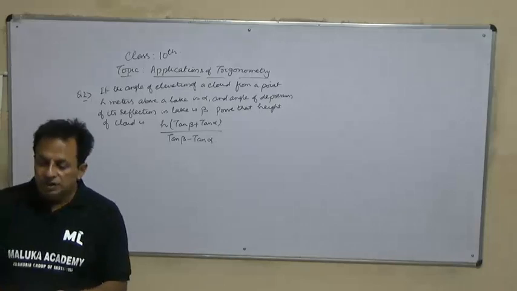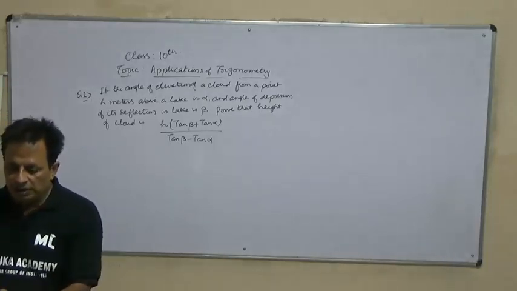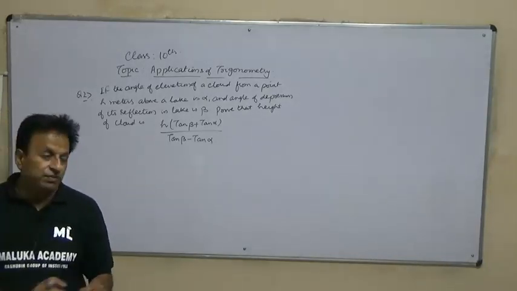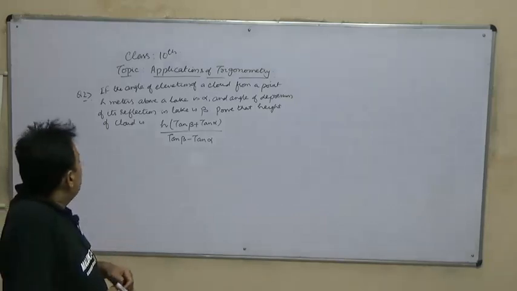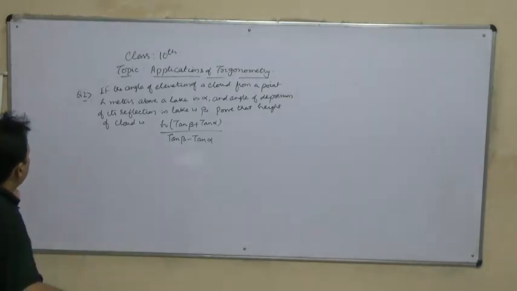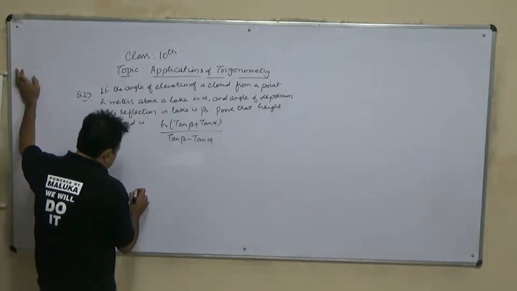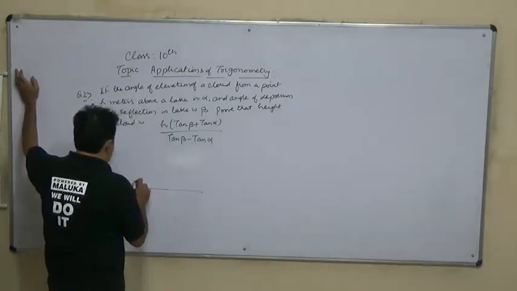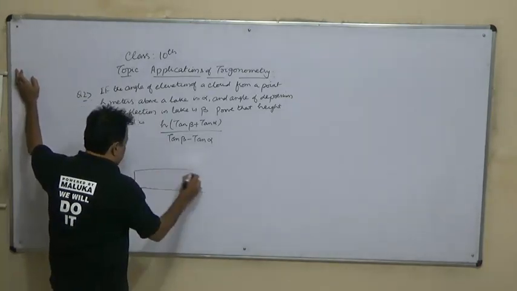So, we have solved this type of question in the previous lecture also, but that was with some values. Here we have to prove this thing. So, again we have to take the same thing. Let us say this is the lake and this is h meters above the lake.